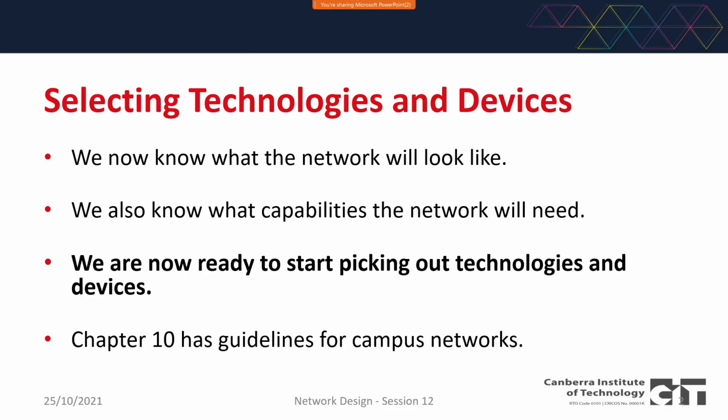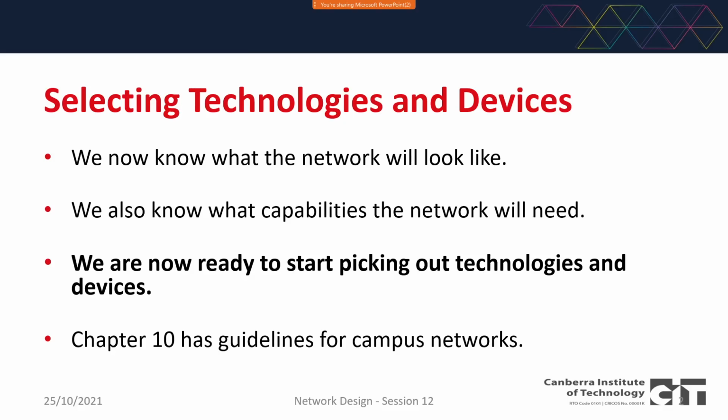And that's why we basically do the design of the topology. So we come up with the network topology, we build it, we check the connections that are going to be necessary, we check the devices that are going to be needed for us to implement the network. And then it's up to us to start selecting the technologies and the devices.